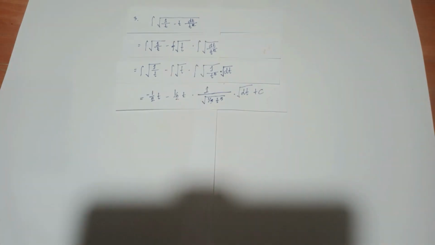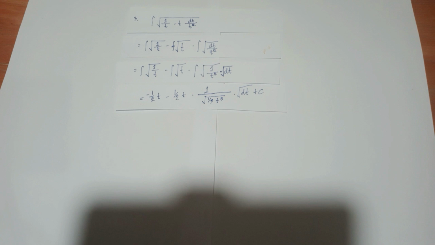We have the integral of the square root of t times 1 over t, minus the integral of the square root of t times the integral of dt over t squared. Then we will simplify using theorem 5. We will apply the integral.